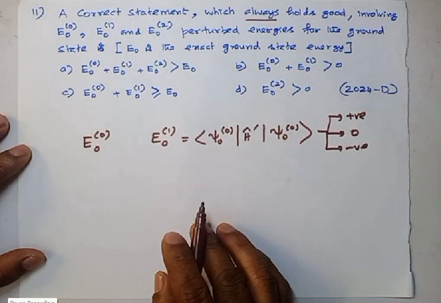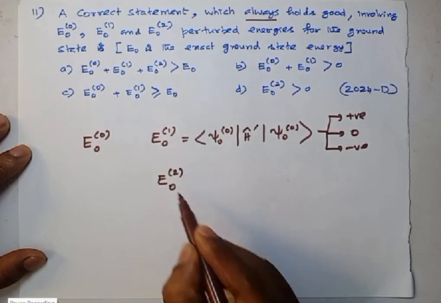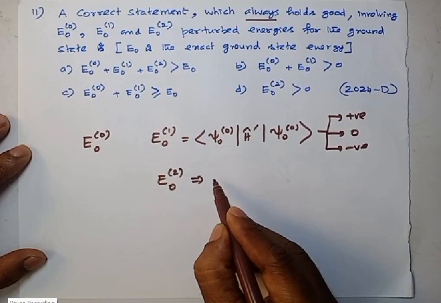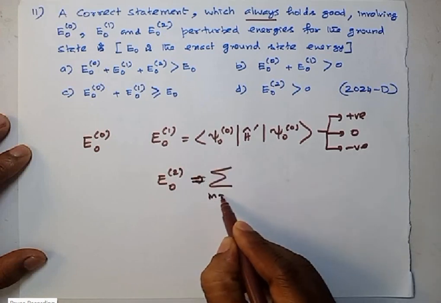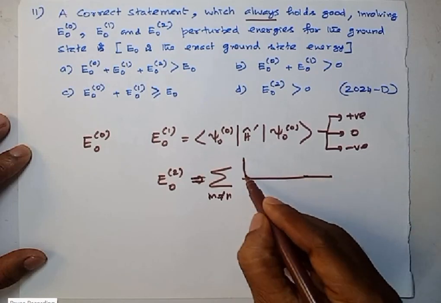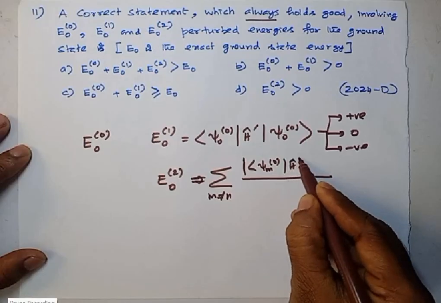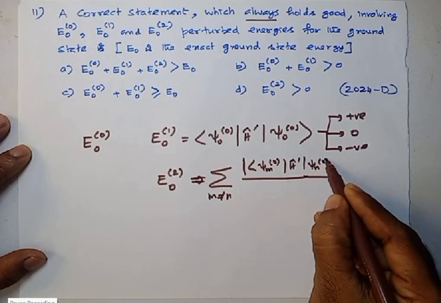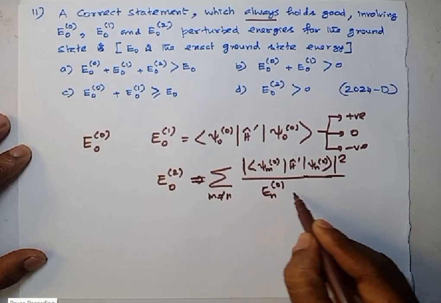Observe carefully. Whereas for the second order correction to the ground state, you'll get an integral. Let me write the integral first: sum over m not equal to n, modulus squared of psi m naught H operator prime psi n naught, divided by En naught minus Em naught.